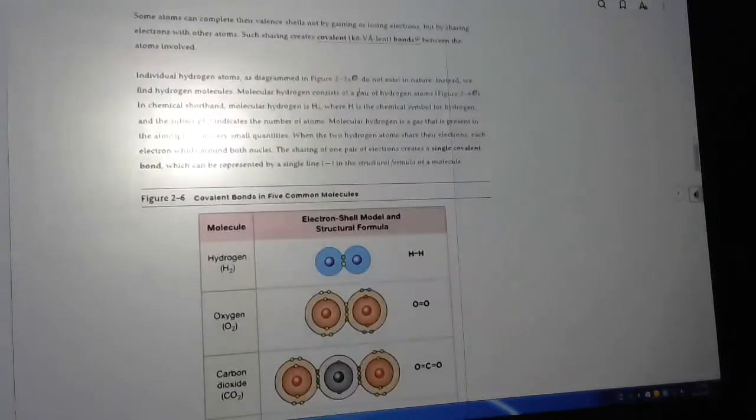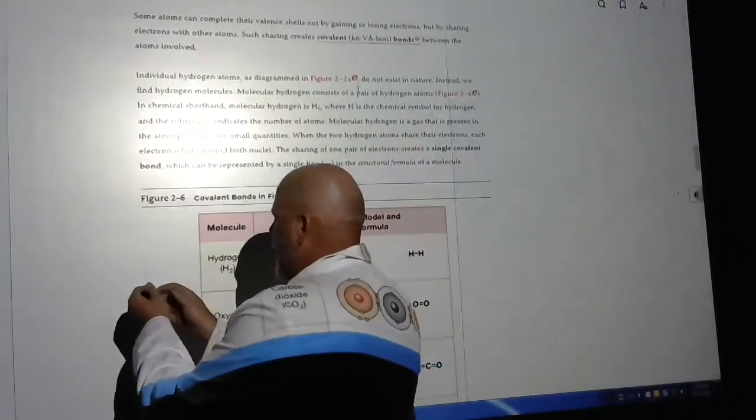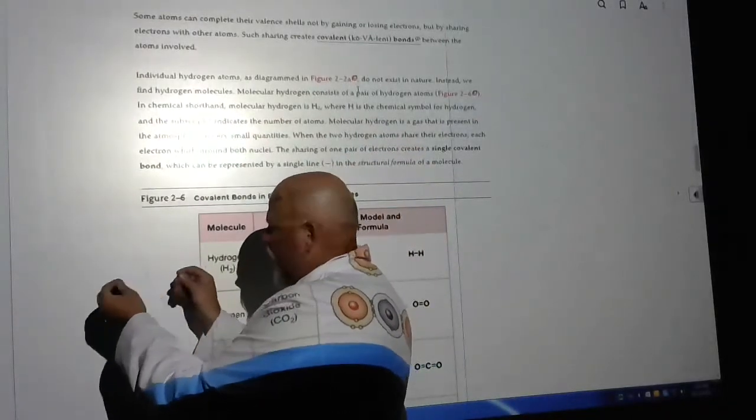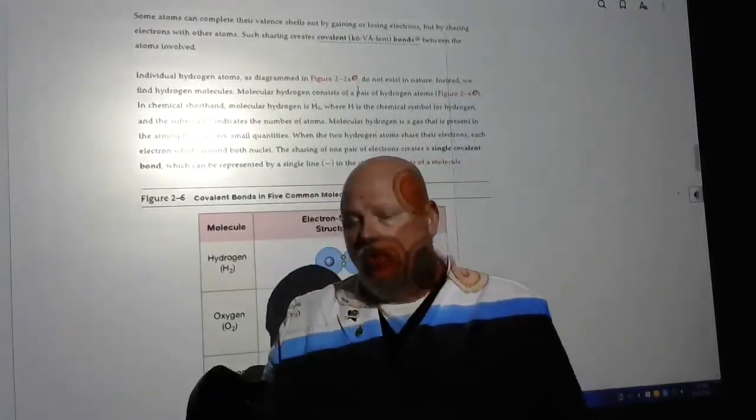All right, next is covalent bonds. Now, ionic bonds are medium strength. In other words, can I pull sodium apart? But what happens if I put sodium chloride into water?